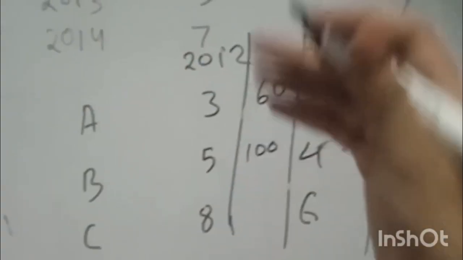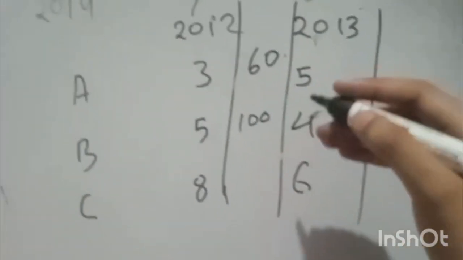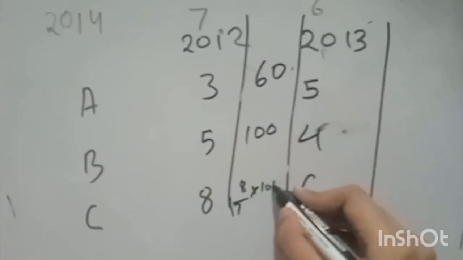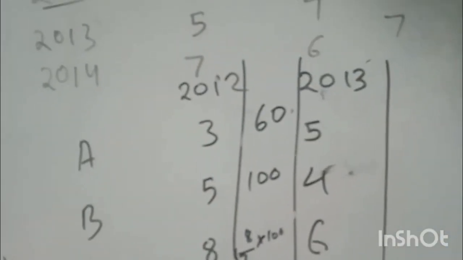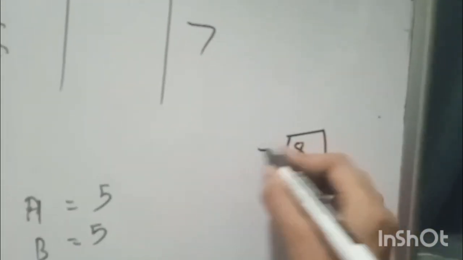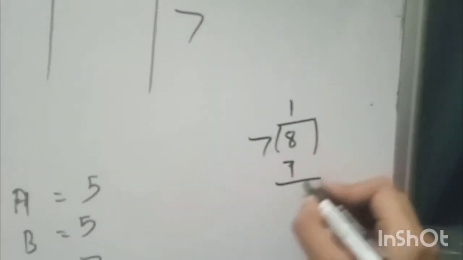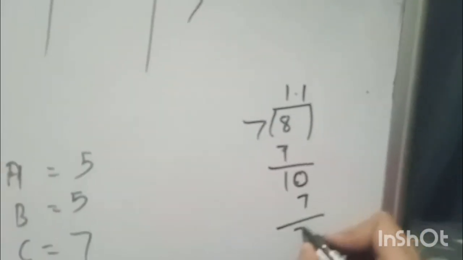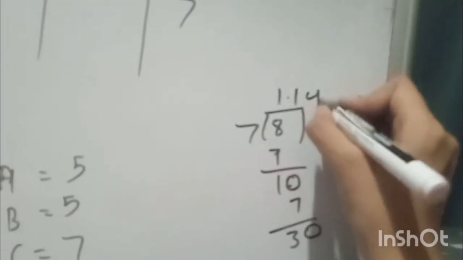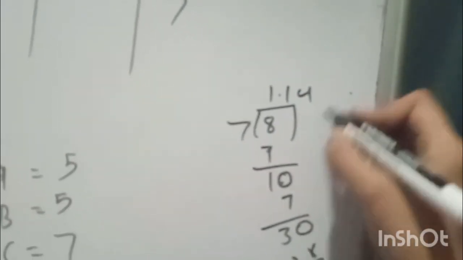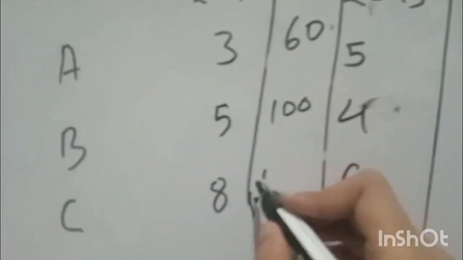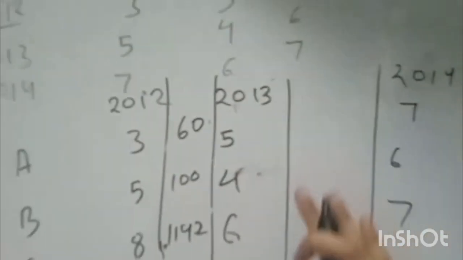Then 8 upon 7 into 100. So let's check it. 8 divided by 7 is 1.142, so 114.2. Do the same for here also.